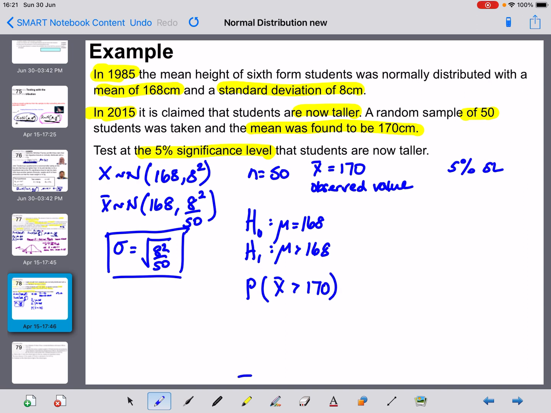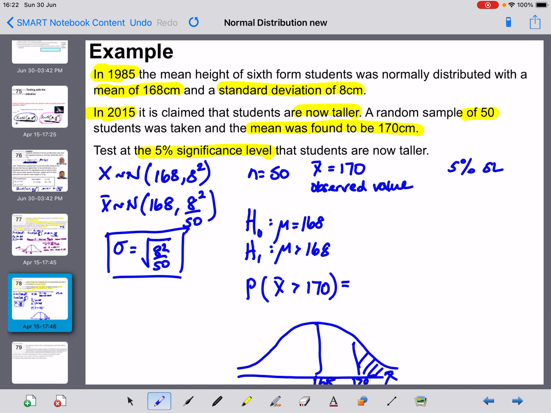So we're using normal CD. There's 168. This is my x bar distribution. There's 170. And we want to know what that probability is. Is it significant? What are the chances of having a mean of 170 or more?